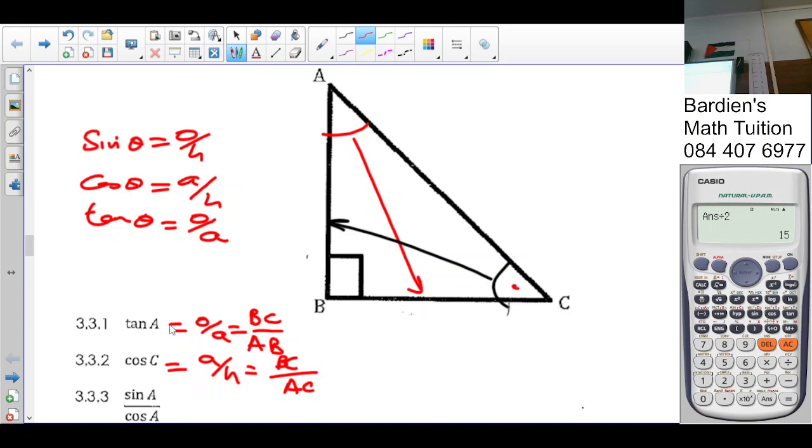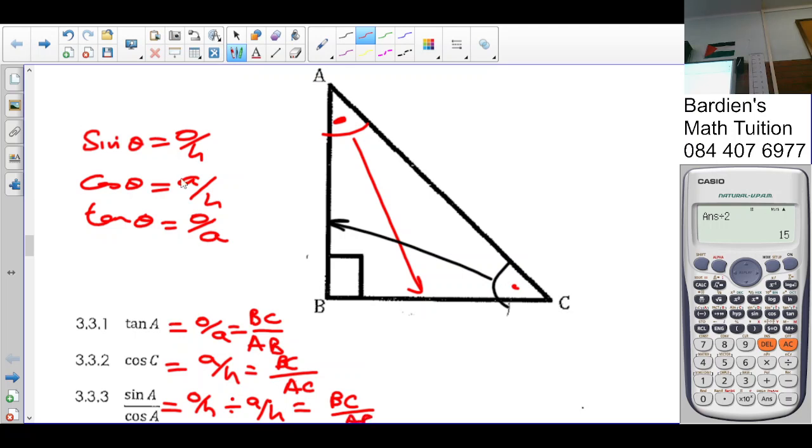Then they want sine of A over cos of A. So sine is O over H, divided by cos, which is A over H. Okay? So sine for angle A, that's the angle in question now, it's going to be BC over AC.